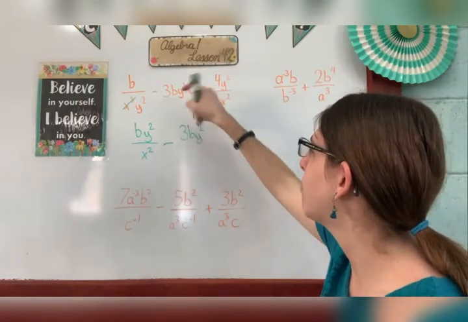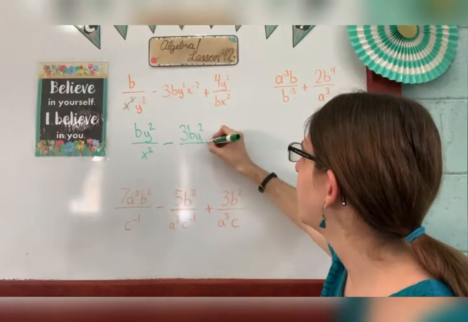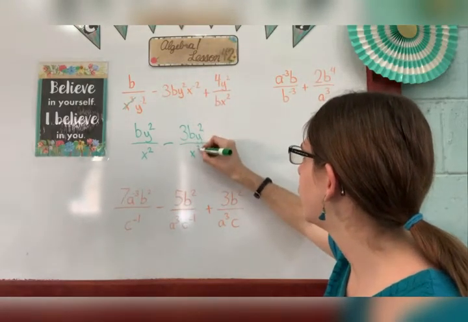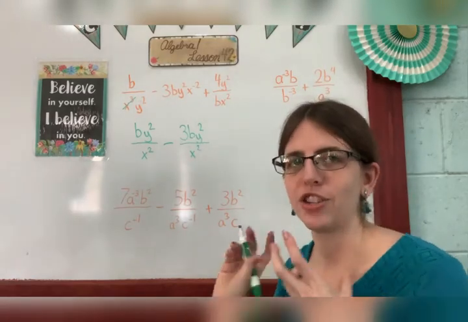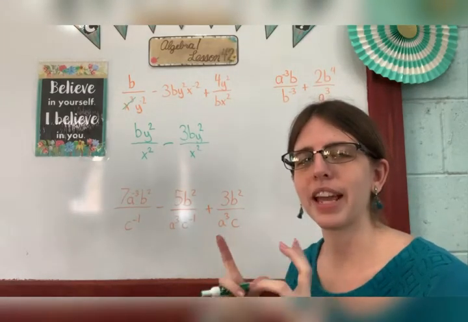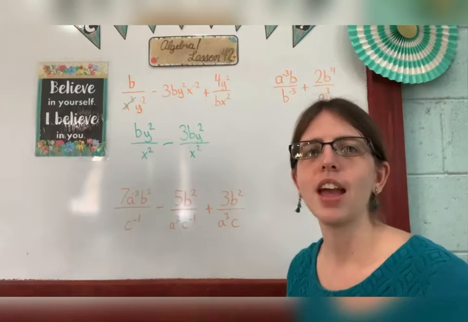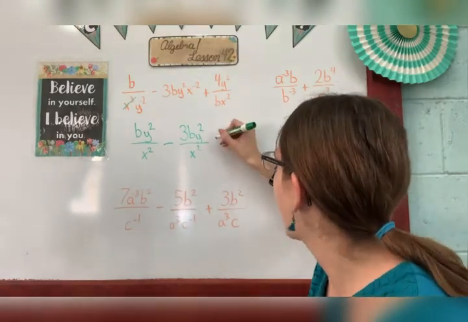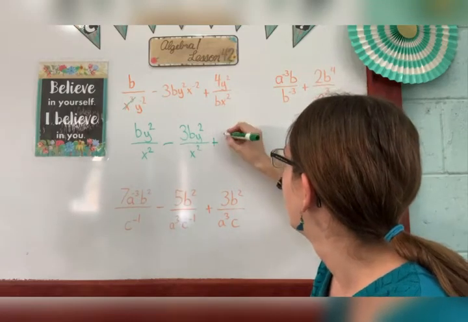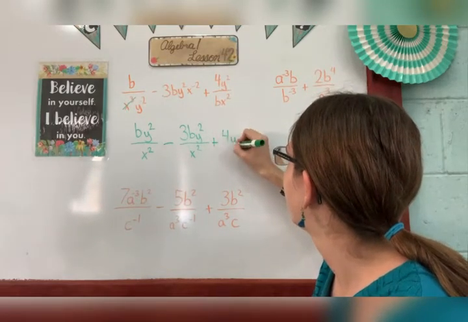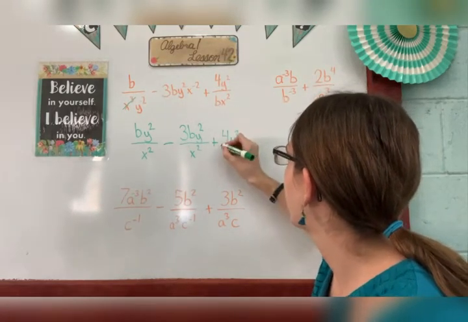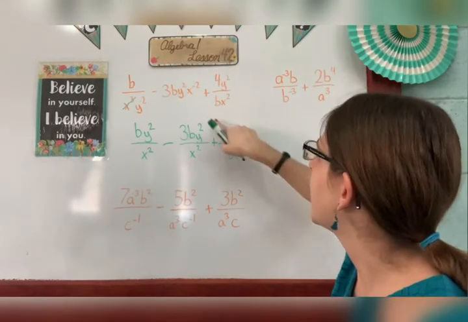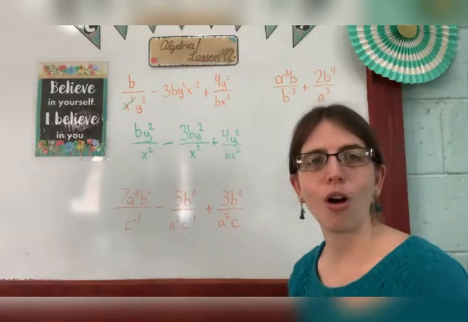So I'm going to move my x^-2 into the denominator and change my negative exponent to a positive one. I can change negative to positive just by switching whether it's in the numerator or denominator. Then I'm going to add 4y squared over bx squared. I didn't have to change anything here because all of my exponents were already positive.